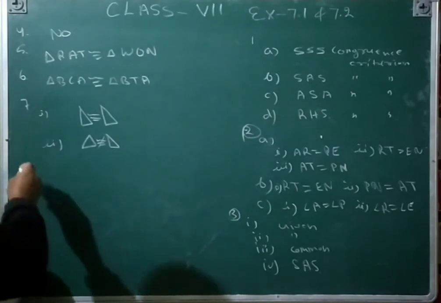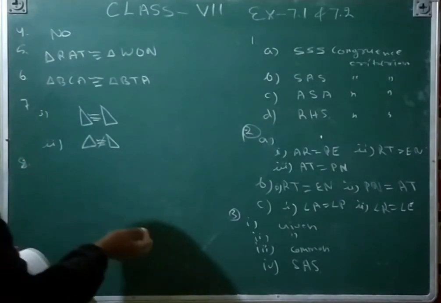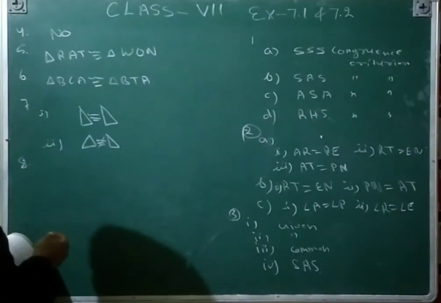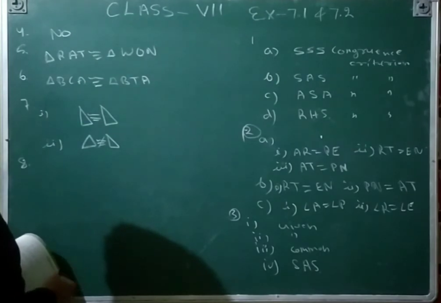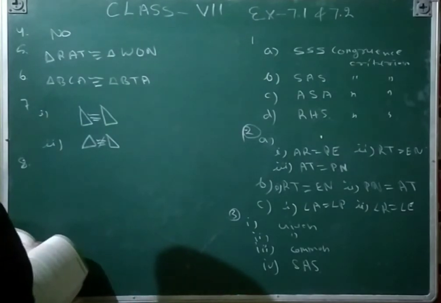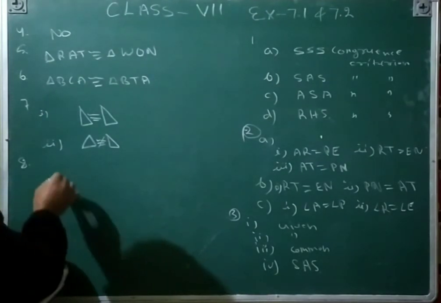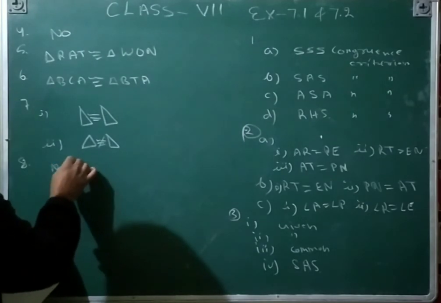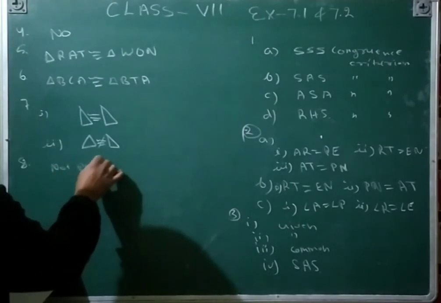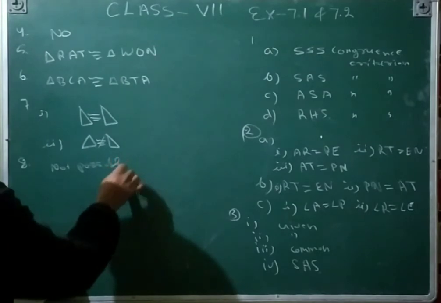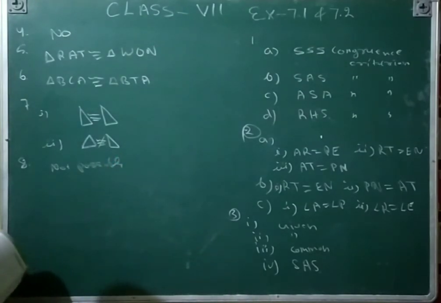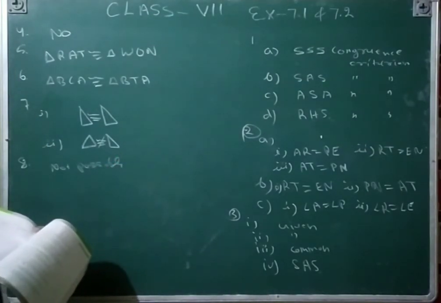That will be the 8th question. If the 5 sides are equal, it is not possible that they will be not congruent. So that will be not possible.